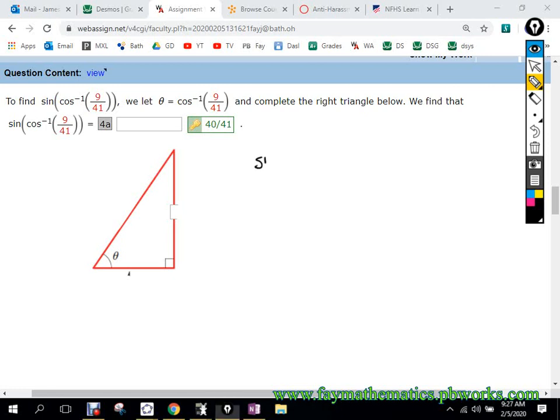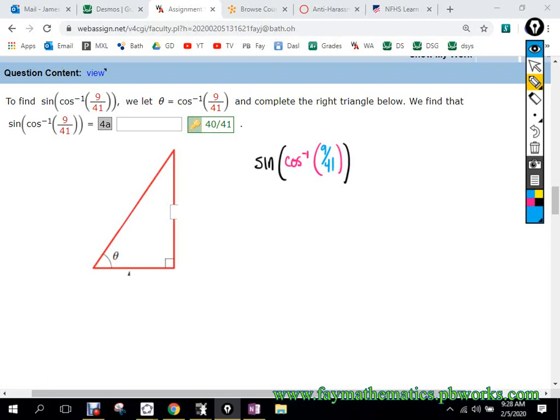I want you guys to understand when we look at this, we've got several things going on. The innermost thing here is 9/41, right? 9/41 is the original input for my innermost function, which is cosine inverse.